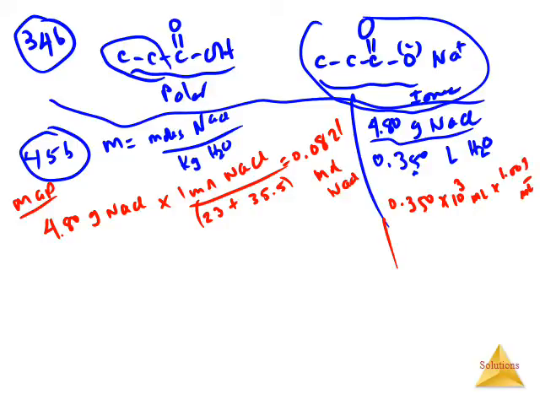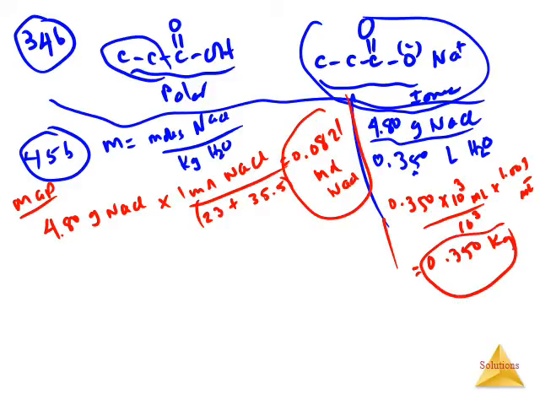So that gives me grams, and then I divide by 1,000 to get kilograms. So this gives me 0.350 kilogram, and these are the figures I need in order to get molality.